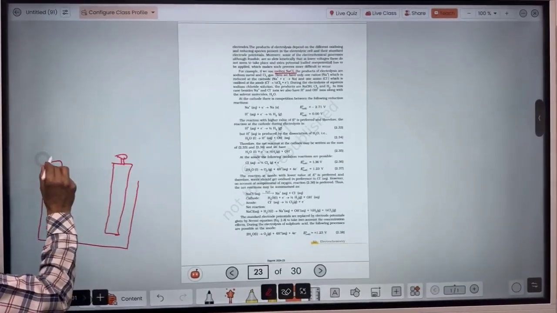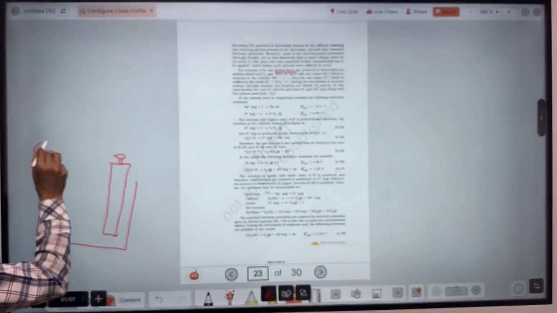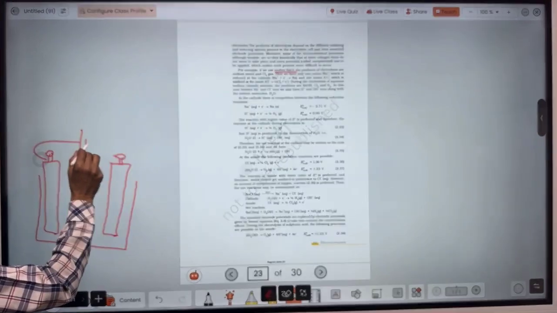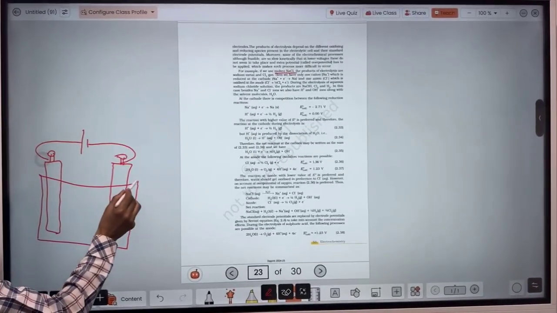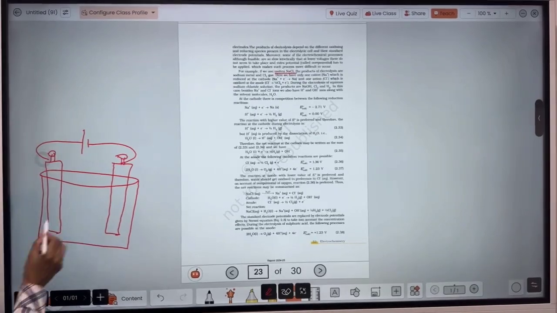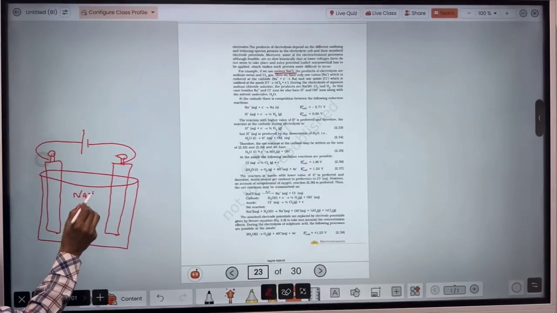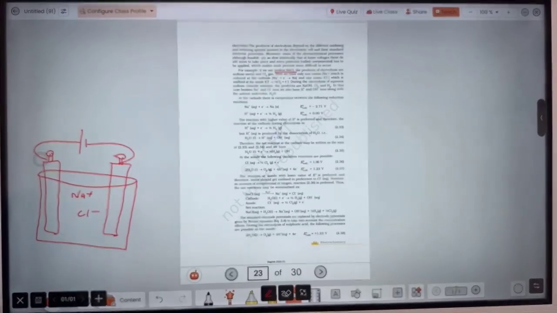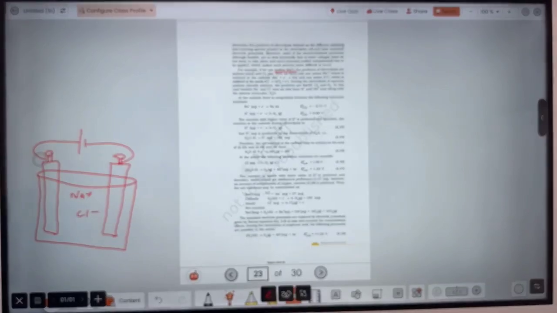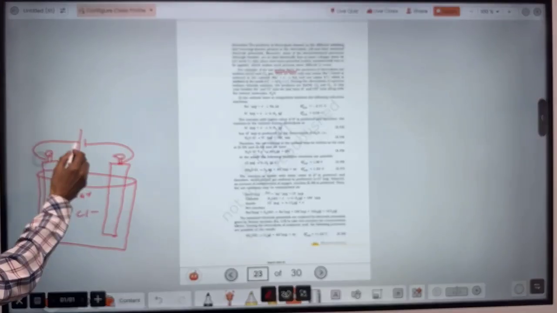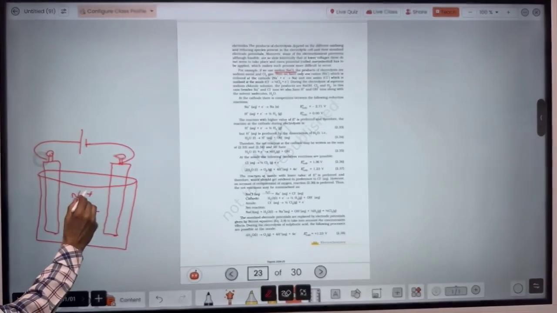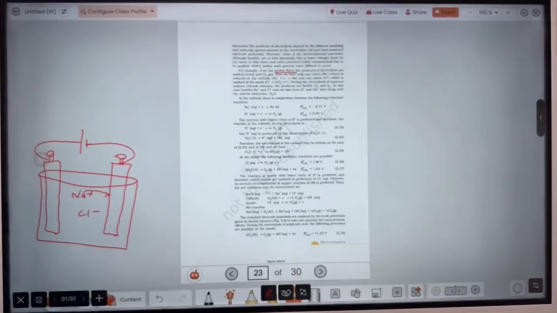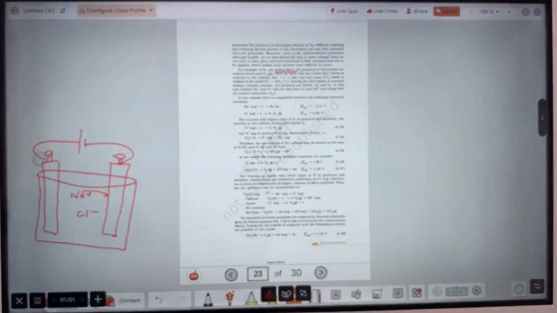You connect it through this one. In the solution, there is Na plus and Cl minus. So what happens here? There is a negative charge here, so Na plus will get attracted towards this rod.